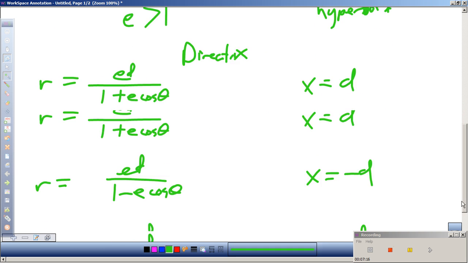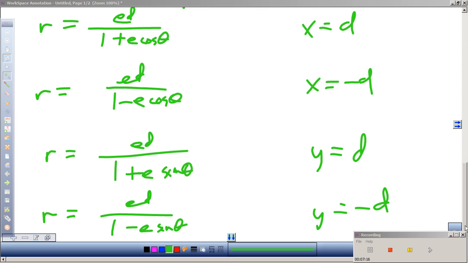Now, what would that be in the equation? The horizontal line, y equals b or y equals negative b, depending on the situation. Remember, y equals something is a horizontal line. x equals something is a vertical line. You have to memorize these.